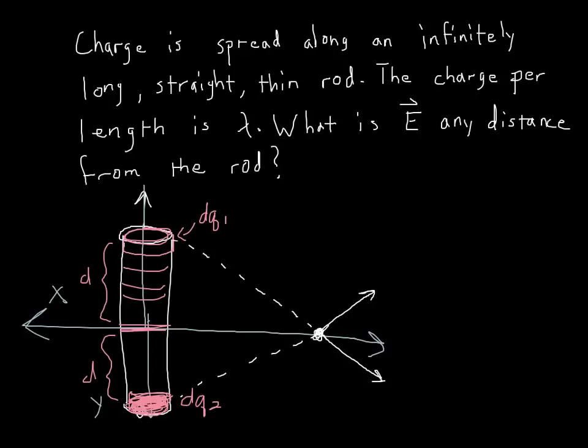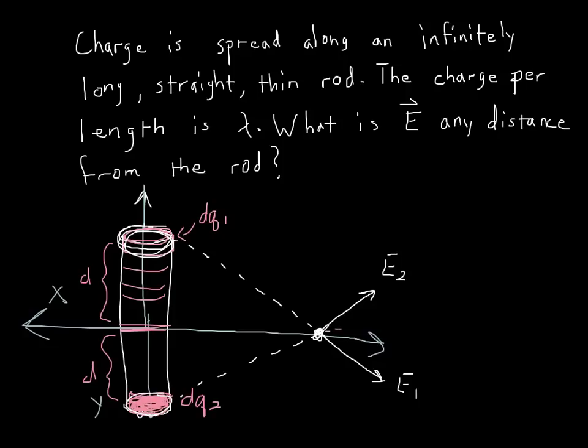And what we're going to see is that the electric field from this bottom part of the line is going to cancel with the electric field from this top part. But it only cancels in one specific direction. If you recall, when we're adding electric fields, we need to be concerned about direction. We need to separate it into the X and Y direction.